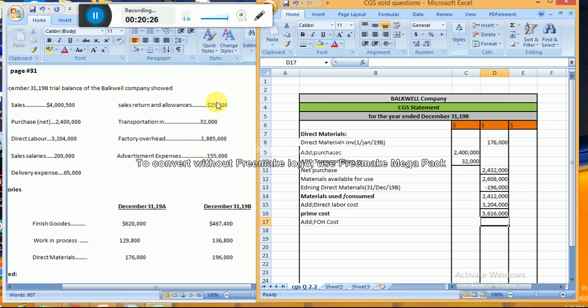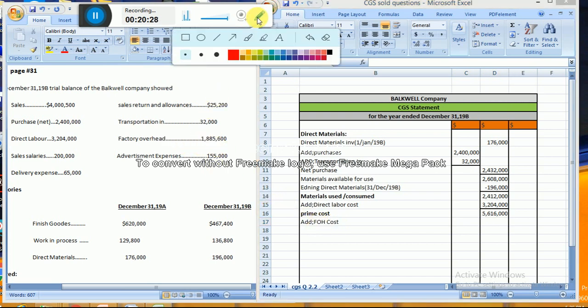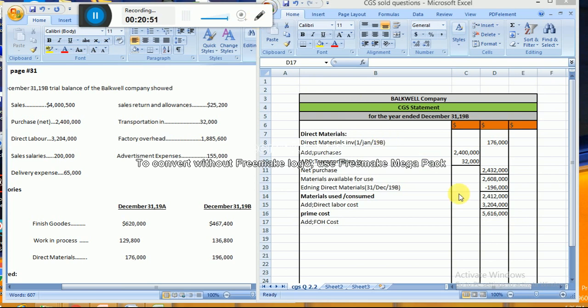In the question that is given, if you look at the question, the factory overhead cost given is 1885600. This is my factory overhead cost. Clear? So now we will add this cost as well, the factory overhead cost, FOH. How much?